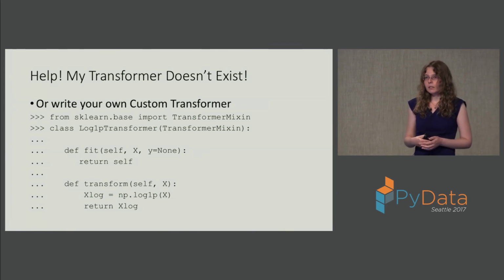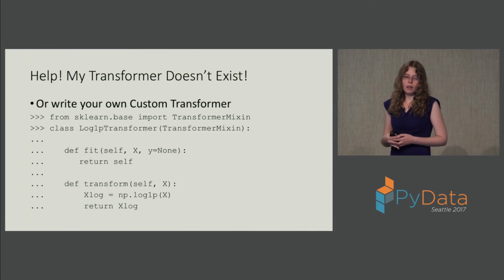The fit method doesn't need to do anything because there aren't any parameters that the transformer needs to know from the training data. But the transform method, all it does is call the function on your data set and return it. So super simple, but this lays out the structure.